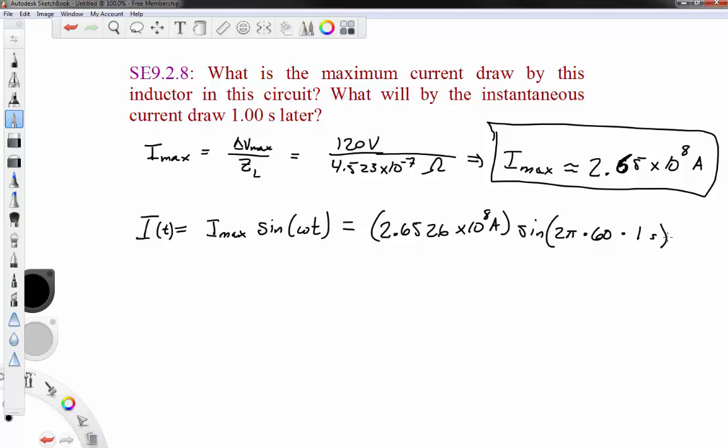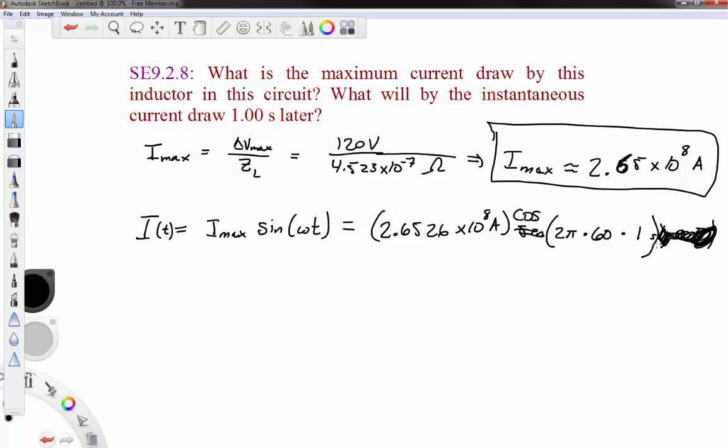Actually, what we might want to do is note that we didn't have to have a plus pi over 2 or a minus pi over 2 in order to get the answer correct. And so it's easier, in fact, to convert this to just a cosine of all this, because we're basically shifting to the point at which we have our maximum current and calling that time 0.